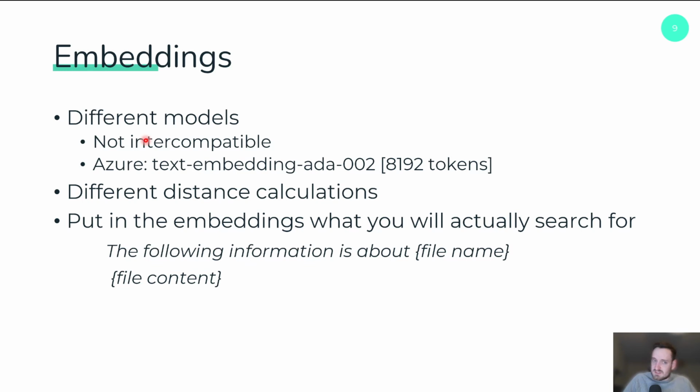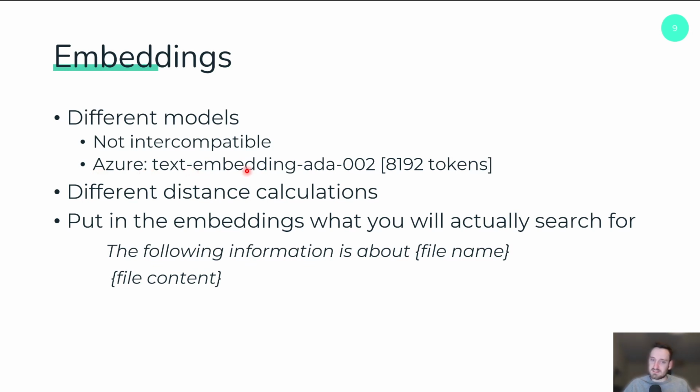So it's a very specific implementation, and you cannot just start changing them. They also may have different vector sizes, and so if you start using one of them, keep on using that one. That's important. The one I would recommend, which works really well, is the one that's available in Azure.